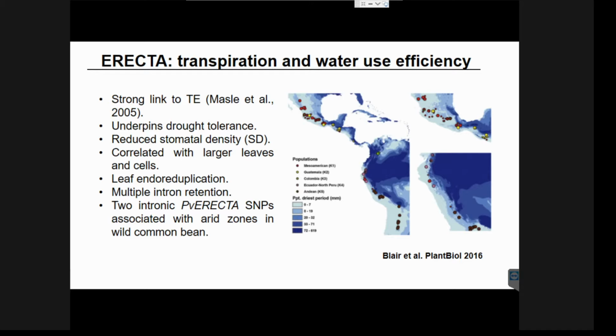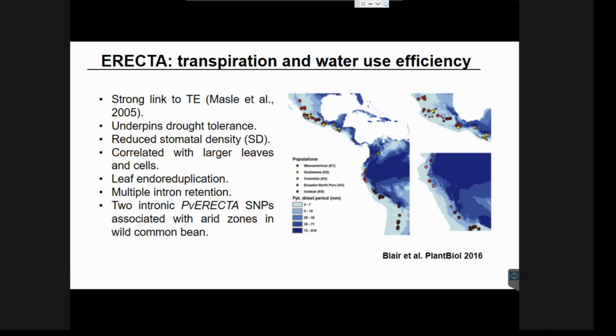show that ERECTA is involved with another gene, another transcription factor called HDG11, which may be responsible for our phenotype in the soybean nodules, even though what we're manipulating here is EPF and not ERECTA.